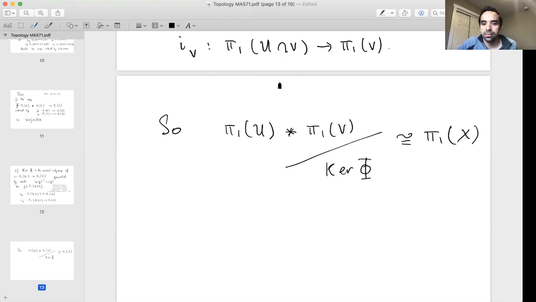So if I can describe pi1 of U, pi1 of B in this kernel, then I can describe the fundamental group of your space. And it's often the case where pi1 of U and pi1 of B are relatively easy to describe.